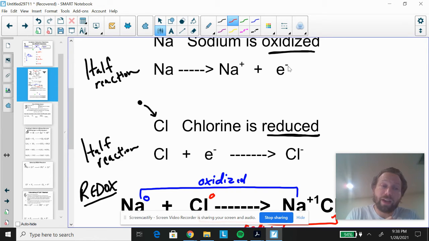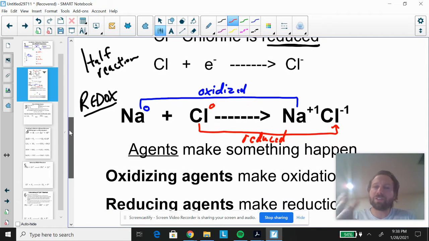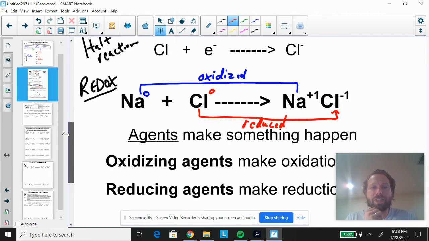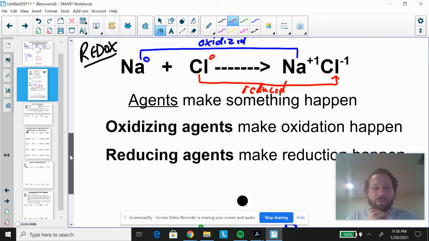And on the half reaction for reduced substances, we write the electron on the left-hand side because it's being added to it. On the right of that, you don't see it because it's incorporated into that substance already. And that's the final redox reaction again, where we label Na and Cl as oxidized and reduced, respectively.